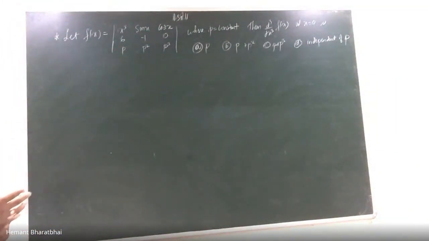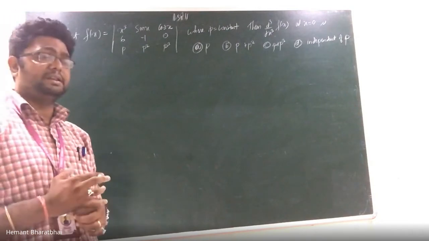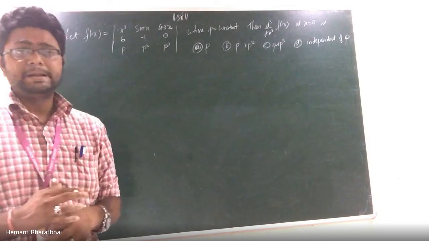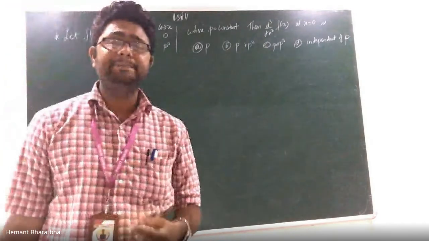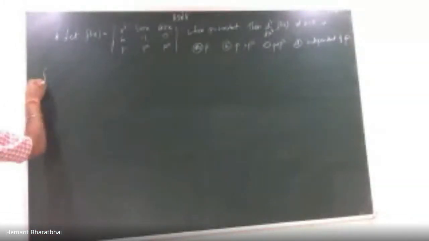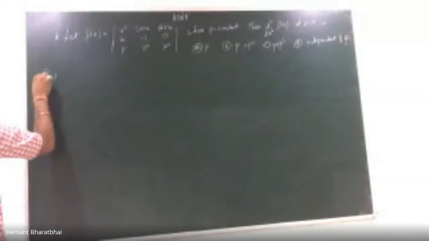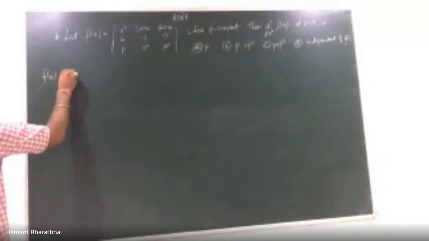Here p is already a constant. We have a 0 over there, and we have sine, cos, and x cube. We already have 1 0 over there, so we can directly take the determinant without going for properties.